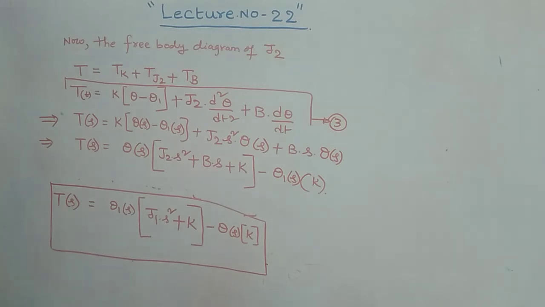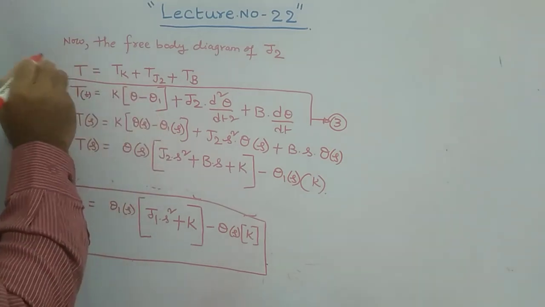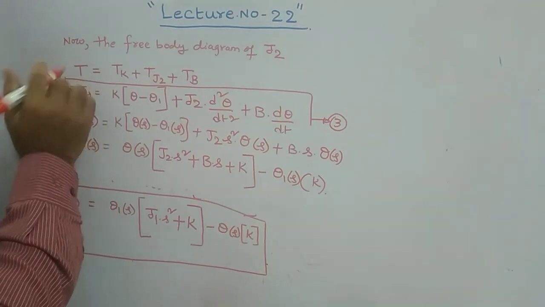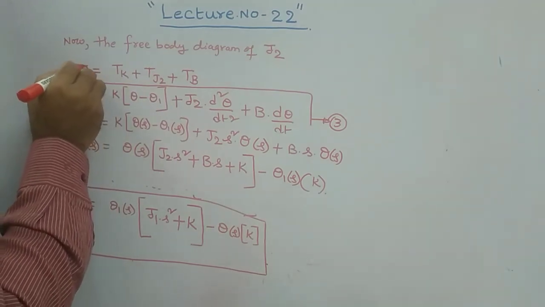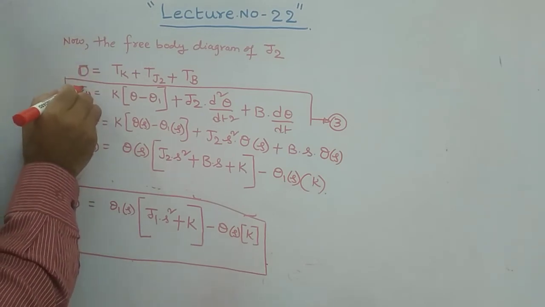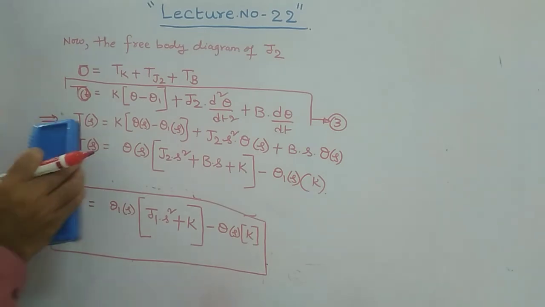Moreover, if you consider the second one, we are considering the second block now. There your T of S is not there. Basically, the torque T is applied on the first block itself, J1. Therefore, on the second one, T is not there. Therefore, this T becomes 0 actually. Here your T is not there, therefore it is 0 only. This means we will have 0 torque.